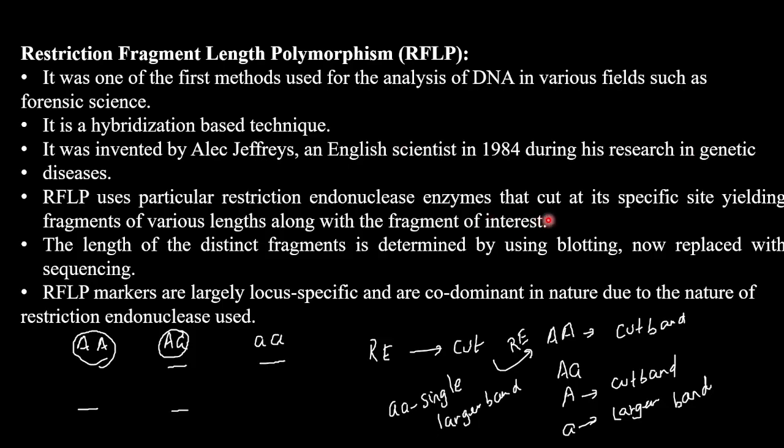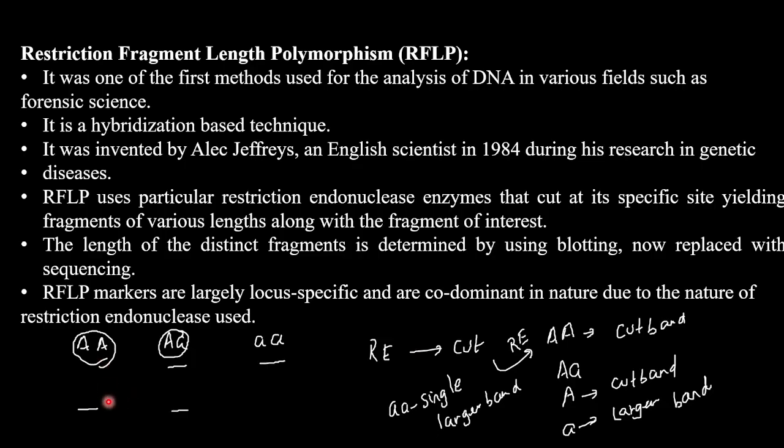It uses restriction endonuclease enzymes, which cut at a specific site, and the length of the distinct fragments is determined by using blotting. Now you can do it by sequencing also. RFLP markers are locus specific and are co-dominant in nature due to the nature of the restriction endonuclease used.